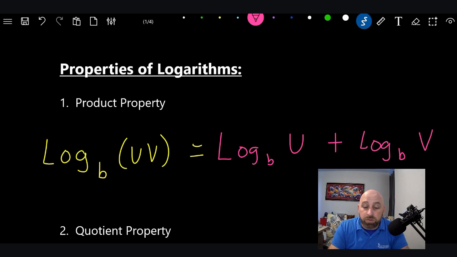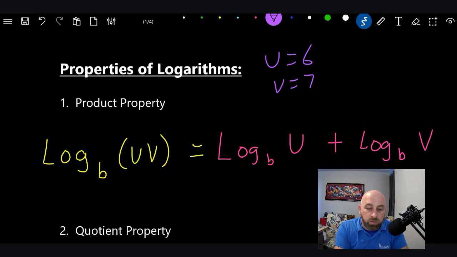And then what you would do, again, because your calculator can't necessarily handle it like this, let's say that u equals 6 and v equals 7. Well, you wouldn't just put 6 times 7 right there. If you put 6 times 7 right there, then you've messed up.